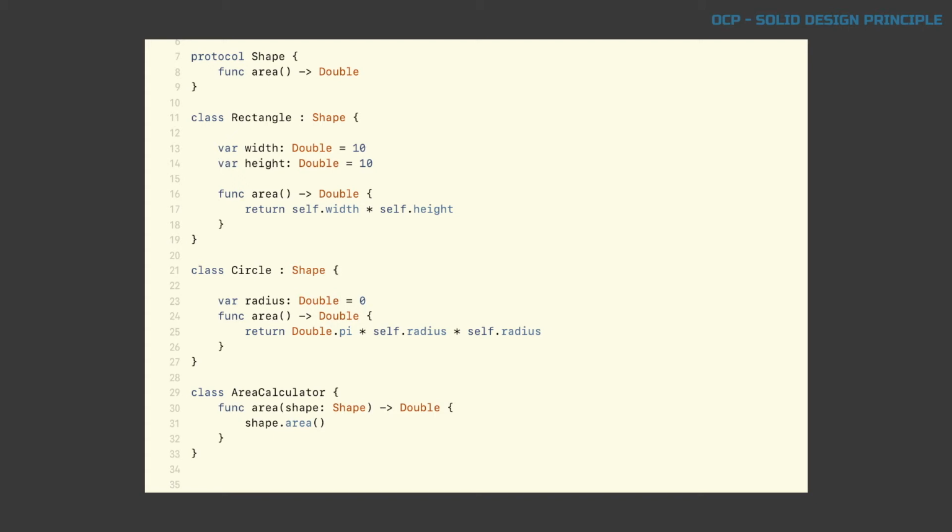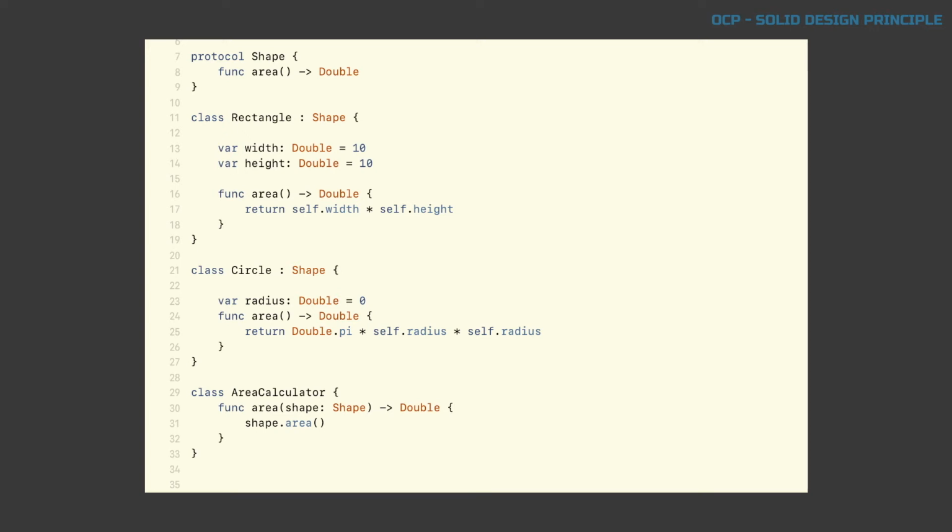Look into the very first part. We have created a protocol shape which has a method called area and which returns double. Now any shape which I create, like the very first example we took, rectangle, will conform to shape and it will implement the area method of its own.